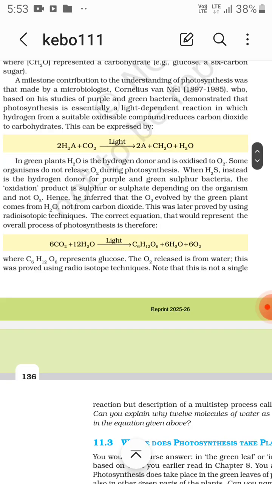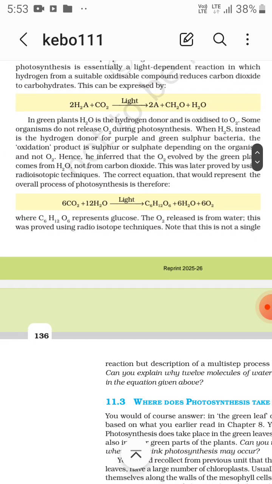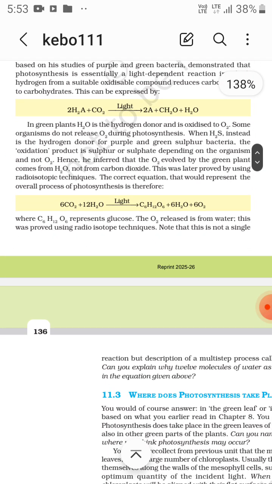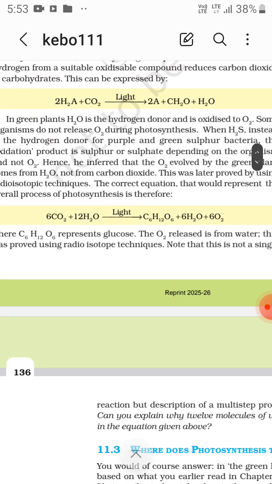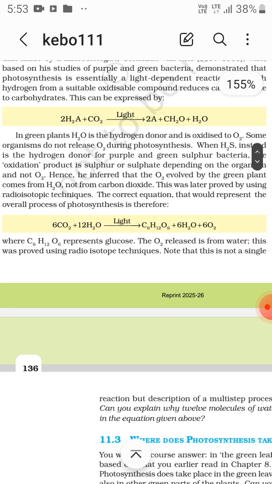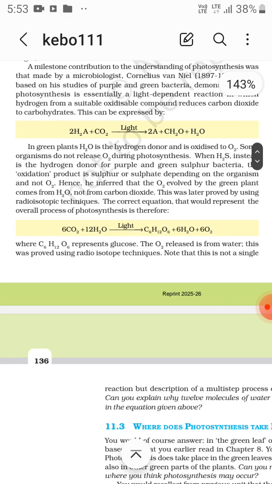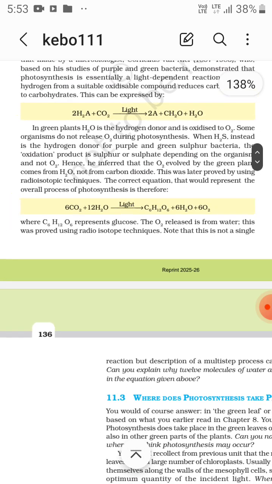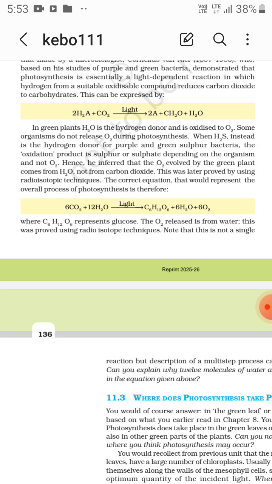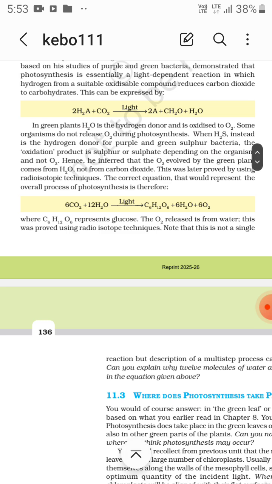This was later proved by using radioisotope techniques. So 6CO2 plus 12H2O in the presence of light forms C6H12O6 plus 6H2O plus 6O2, where C6H12O6 represents glucose. The O2 release is from water, as proved using the radioisotope technique.